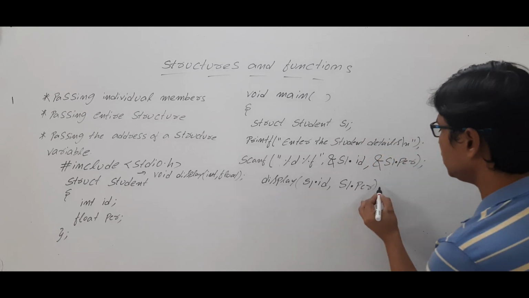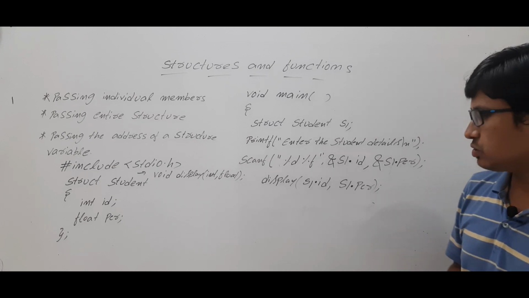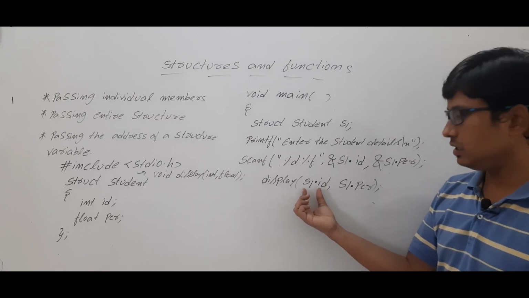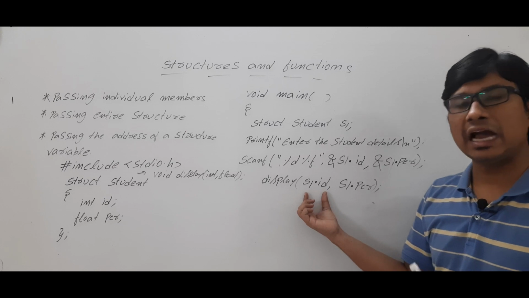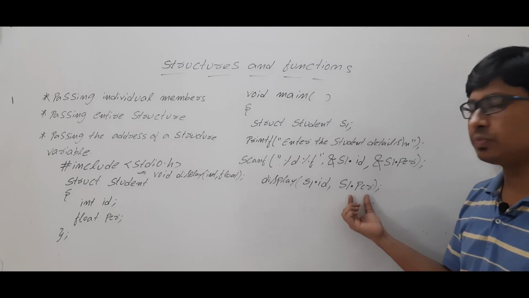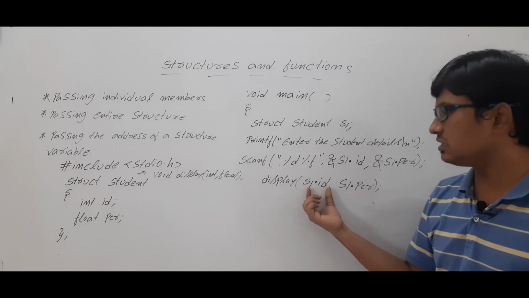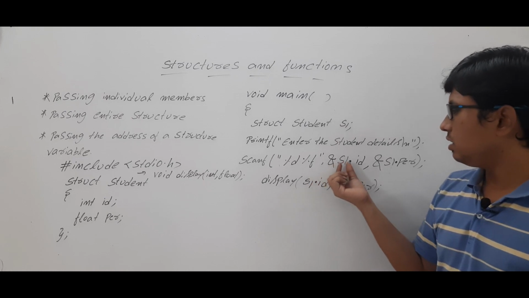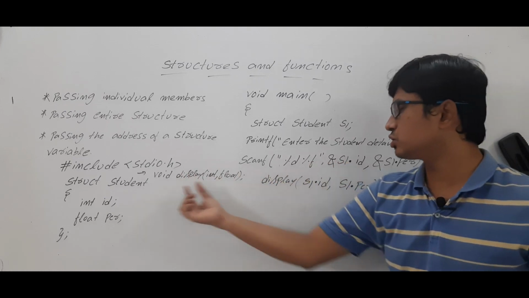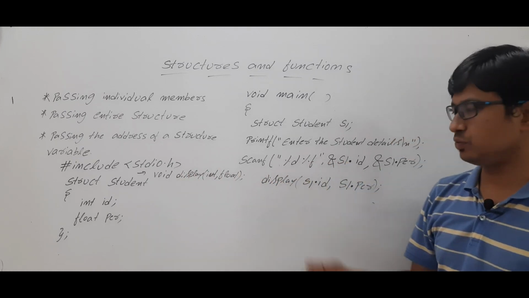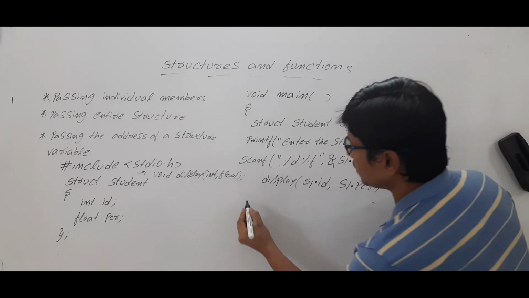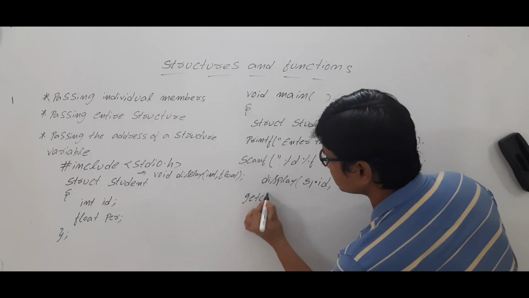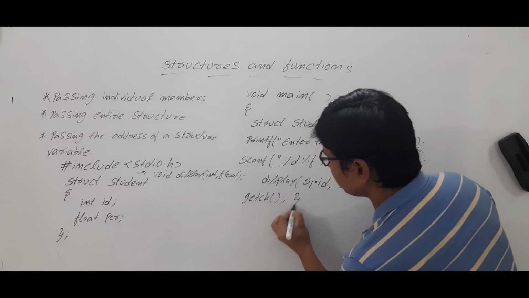These are the individual members you are calling. So now s1.id is your actual parameter and s1.per is also an actual parameter, and these are the members of the structure student with the variable s1. Now you write getch and close the main function.